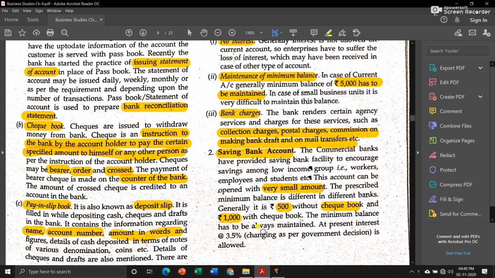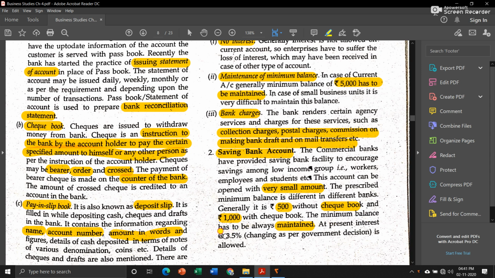The minimum balance has to be always maintained, because suppose you have opened a saving account in a particular bank and they have a rule of maintaining a minimum balance of rupees 1000, then if your amount gets reduced, it is less than 1000, then they will charge some fine or penalty for not maintaining the minimum balance.